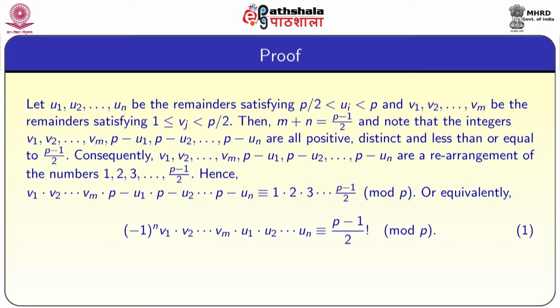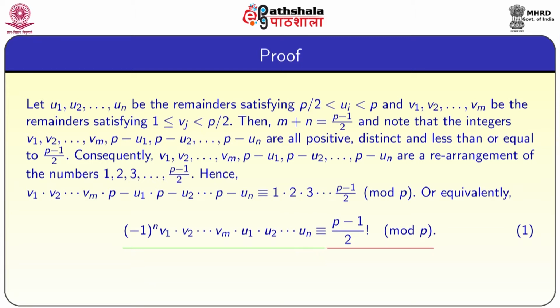So, v1 v2 and so on times (p-u1)(p-u2) and so on up to (p-un) is nothing but 1·2·3 up to (p-1)/2 modulo p, or equivalently this is equal to (-1)^n times v1 v2 ... vm u1 u2 ... un.